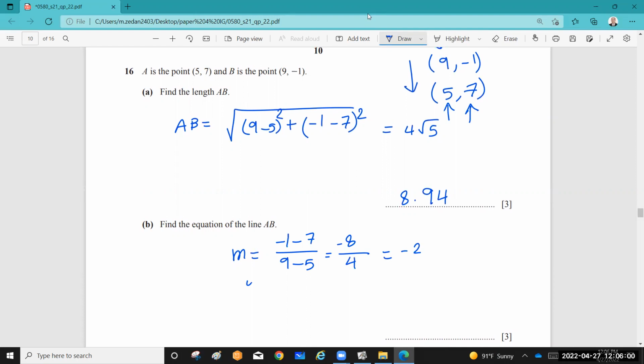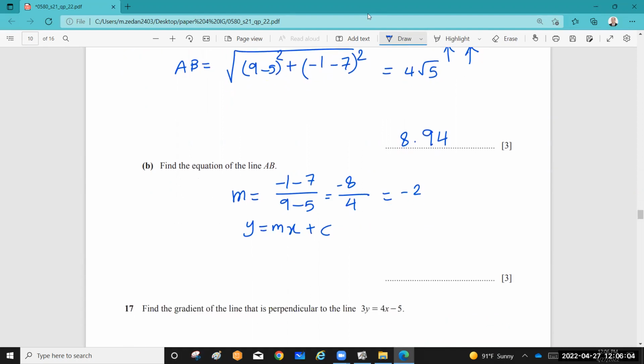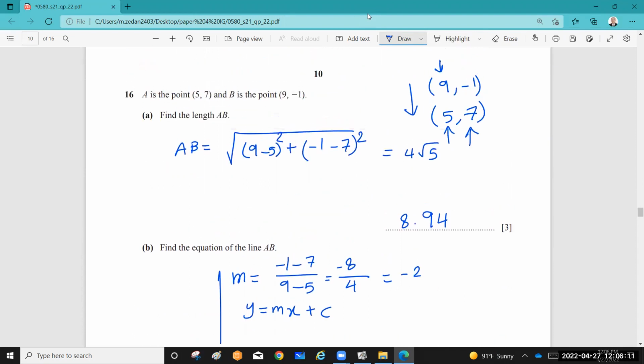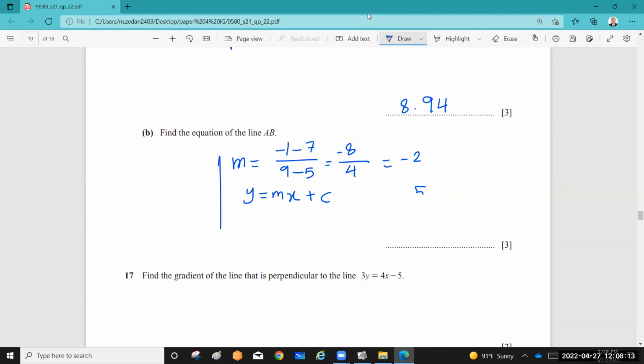You can use the formula y equals mx plus c to find the equation. You can take any point, for example 5 and 7. M is -2, so -2 times 5 plus c, which I don't know yet, equals y, which is 7.